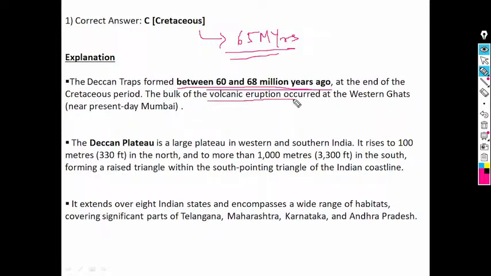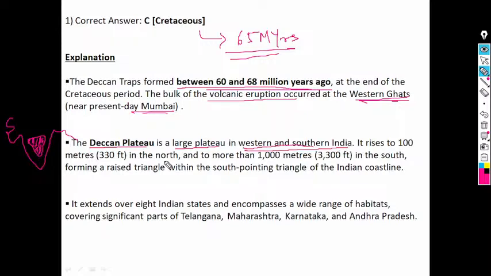The bulk of the volcanic eruptions occurred at the Western Ghat, near present day Mumbai. The Deccan Plateau is basically a large plateau in western and southern India.